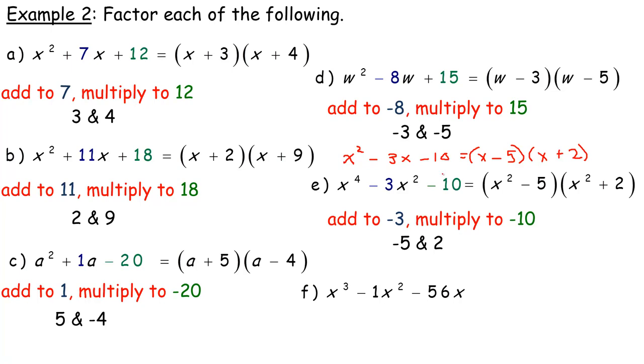So this product right here is -5x squared, and this product in the middle here is a positive 2x squared. Those two would add to -3x squared. And just like the one above, -5 times 2 does give you -10.